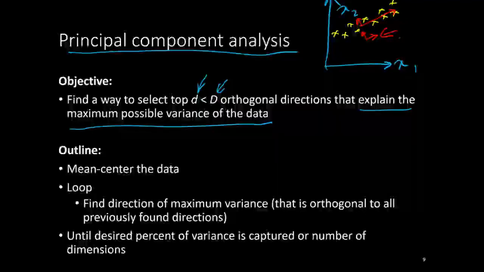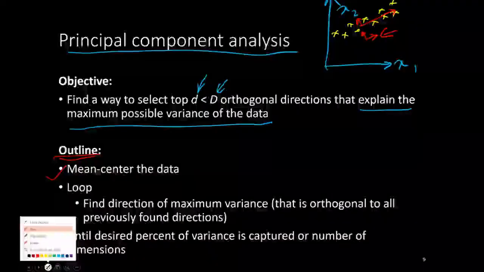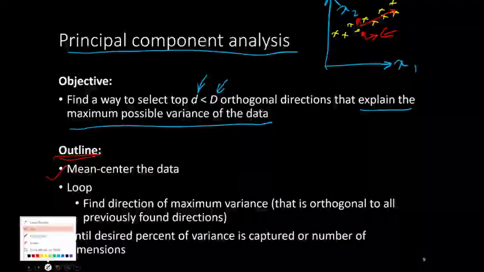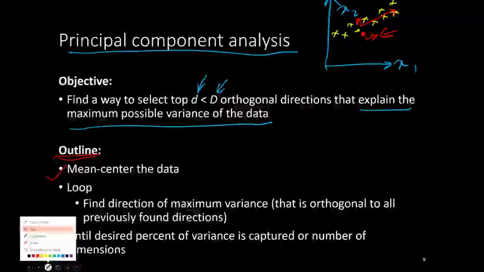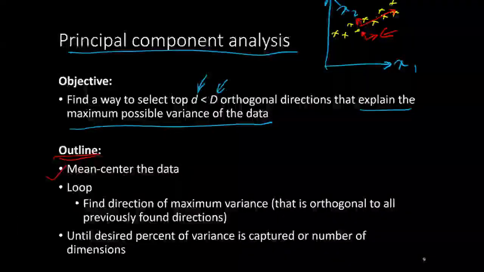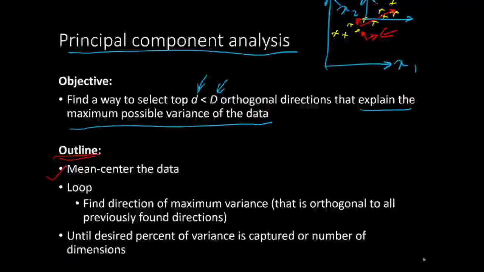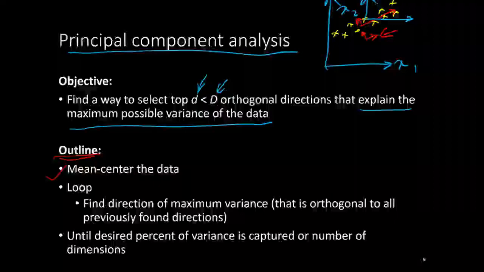Okay. So the outline of the algorithm for PCA is the following. The first step that we do is mean center the data. We will first shift the axis such that the axis is at the center of the data, at the mean of the data, the centroid of the data.